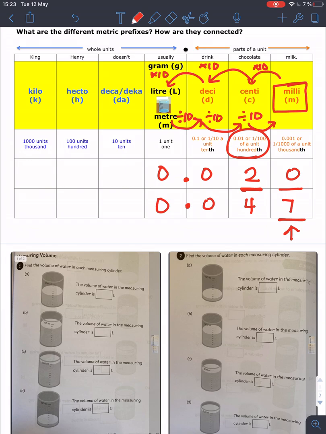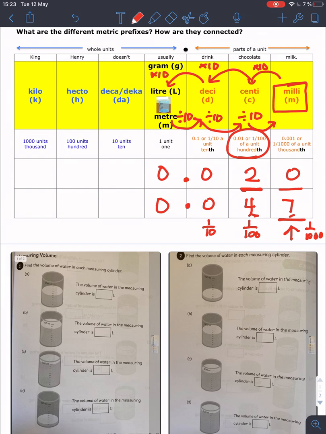Because remember, in place value, this is tenths. This place value would be hundredths. And this place value here would be thousandths. It is 47 thousandths of a liter. That's less than 1/10. In fact, it's less than half of 1/10.